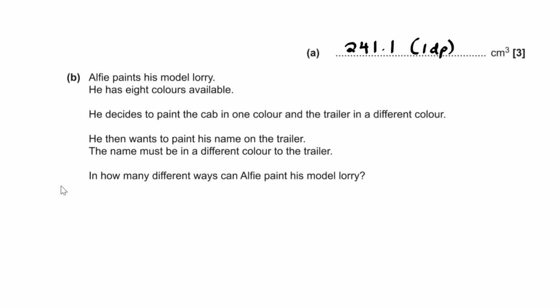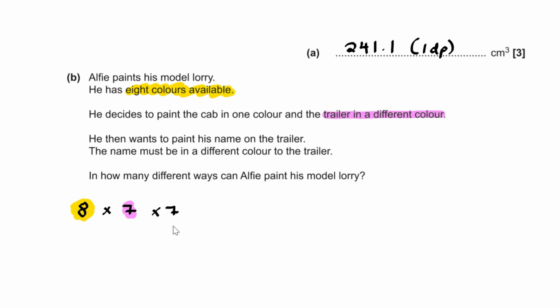Well, what we have over here is 8. So this over here corresponds to the 8 colours available. And then we multiply this by 7 because he wants the trailer to be a different colour. Now what we'd have to do over here then is multiply by 7 again, because we can't have the same colour used that we used for the cab.